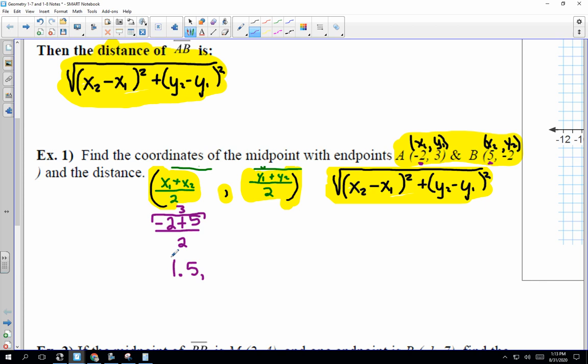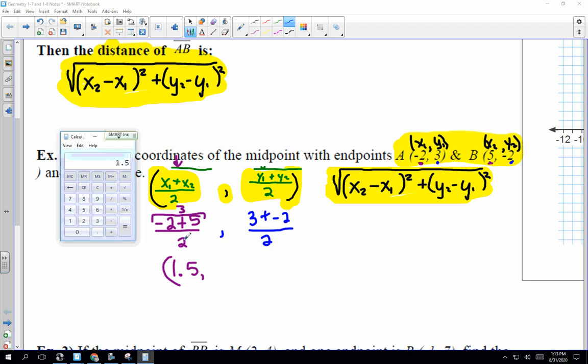So my x coordinate for my midpoint, this guy here, is 1.5. Now we're working y's. y1 is 3. y2 is -2. And we're going to divide that by 2.